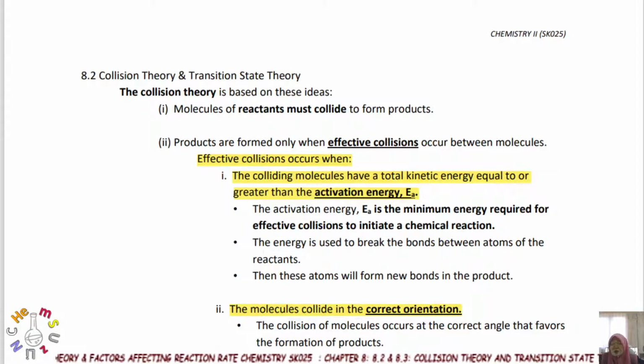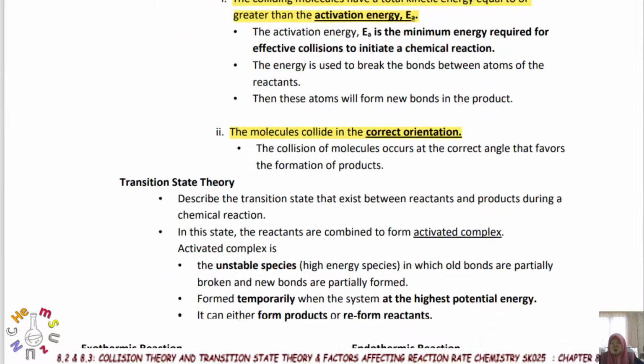Okay. Jadi dekat sini tadi dikata ada kinetic energy equal or greater than the activation energy dengan correct orientation. Lepas tu in this case kita ada transition state theory, yang mana pada transition state theory ni dia akan bentuk activated complex.